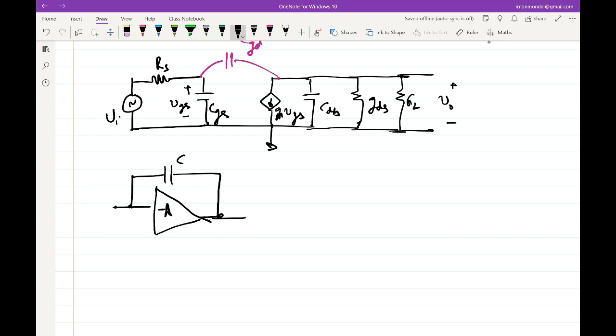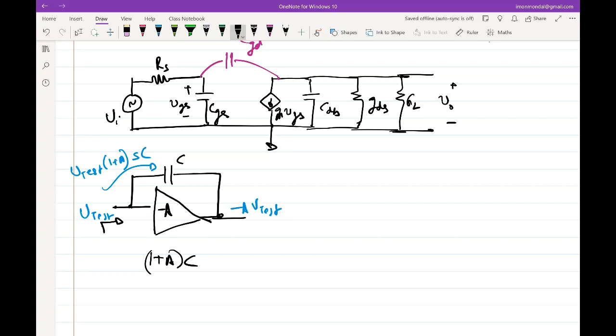So the impedance looking here seems like (1 plus A) times C, because the current that you are drawing, if you apply a test voltage V test, this voltage on the other side will be minus A times V test. So the current that you will be drawing is V test times (1 plus A) times sC. So it almost seems like for the source V test, it is driving a capacitor of the value of (1 plus A), right?